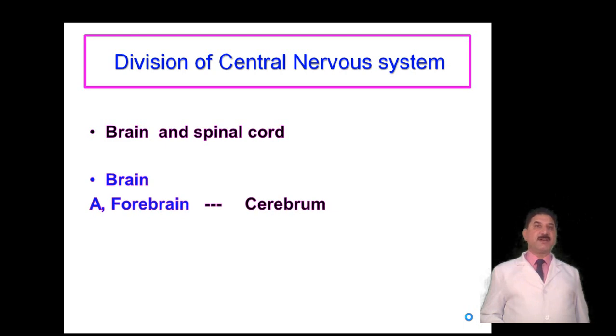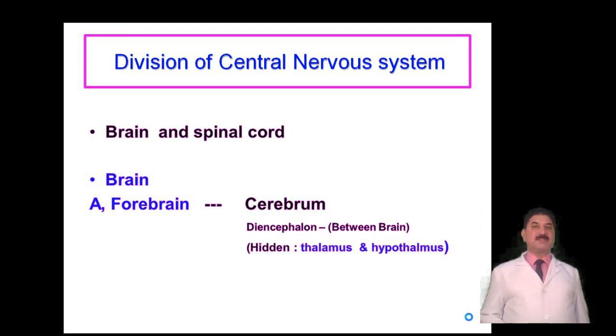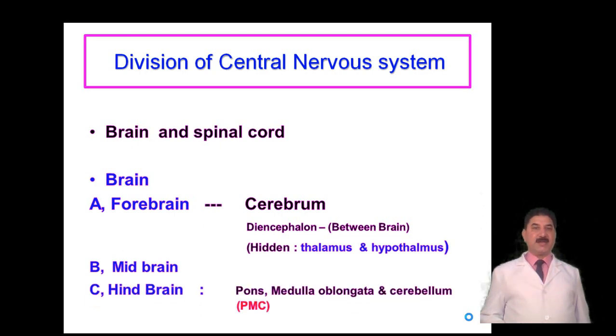Brain is embryologically divided into forebrain, which consists of two cerebral hemispheres, and diencephalon, which includes thalamus and hypothalamus. Midbrain and hindbrain, which consists of medulla oblongata and cerebellum. You can remember it by abbreviation PMC.